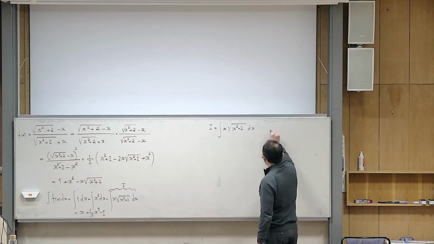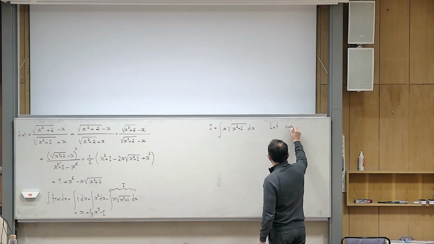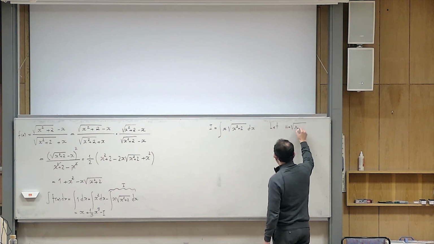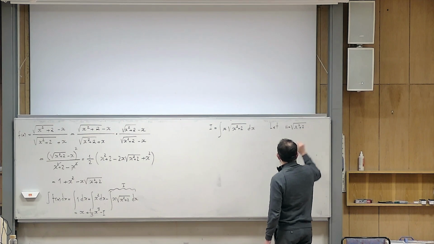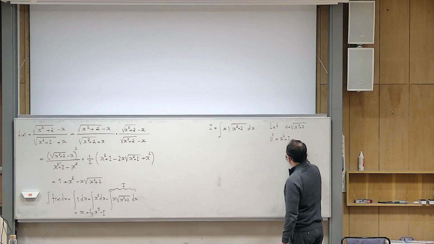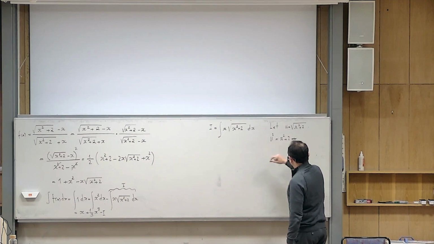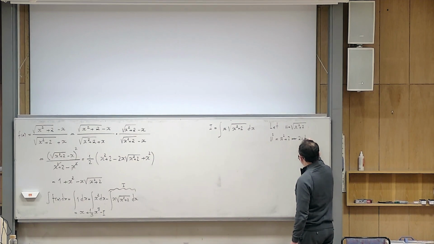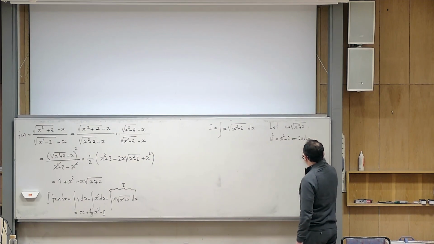So I would say let u represent the square root of x squared plus 2. Okay, and then I square both sides. u squared becomes x squared plus 2. Then I differentiate. The derivative of that one is 2u du. The derivative of this one is 2x dx.